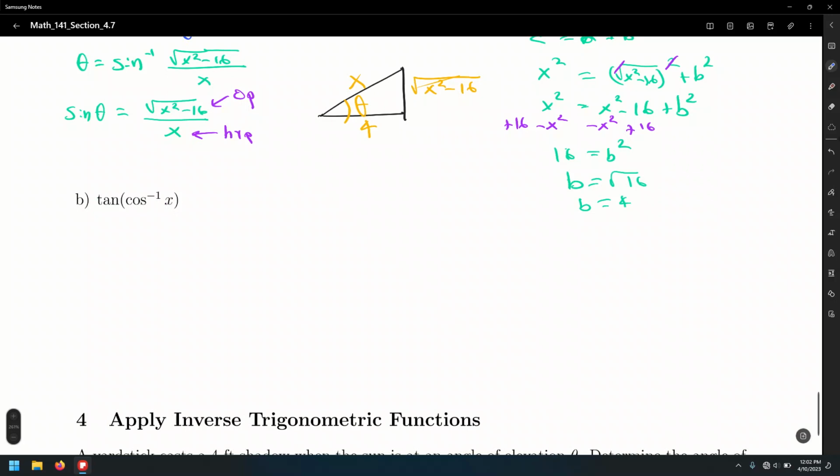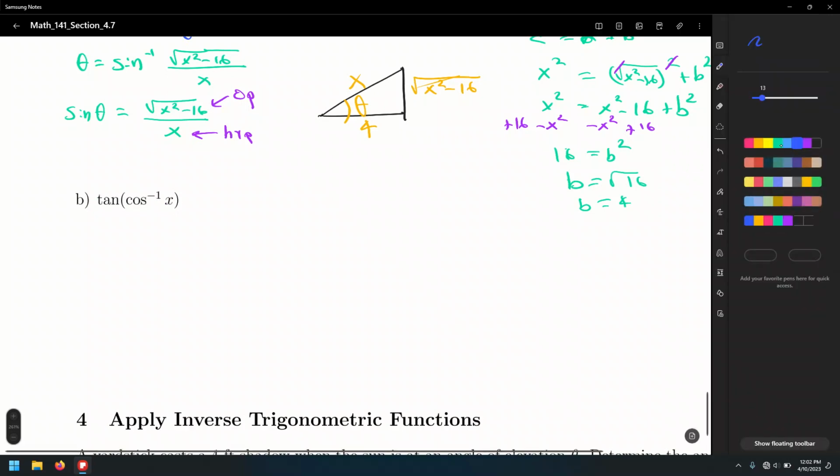Let's do one more example for tangent of cosine inverse of x. Again, we will consider this quantity right here as our angle theta, and ultimately we will evaluate tangent of some angle theta using SOHCAHTOA information.